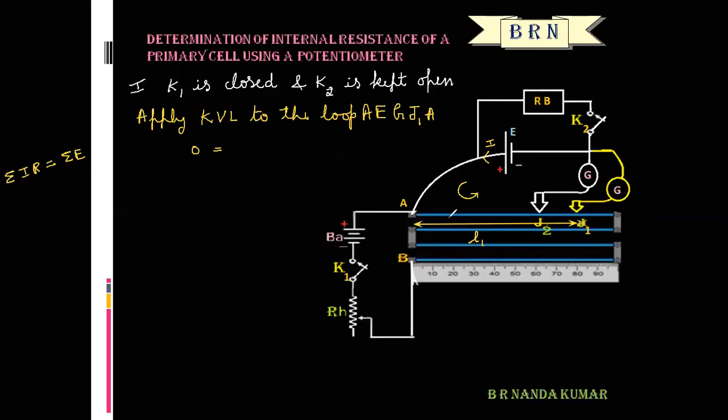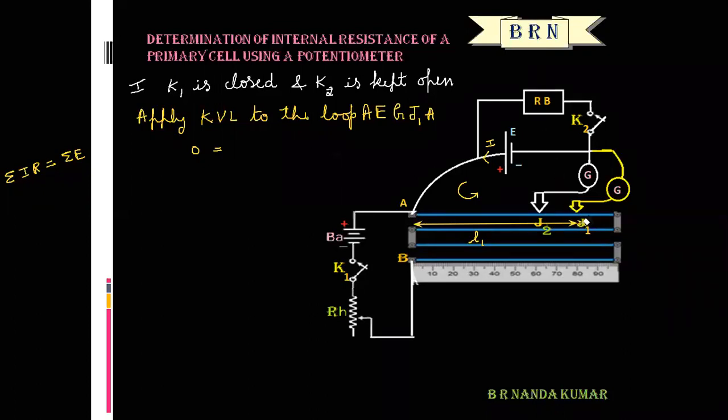Now the potential difference across AJ1 is equal and opposite to the potential difference across the cell.